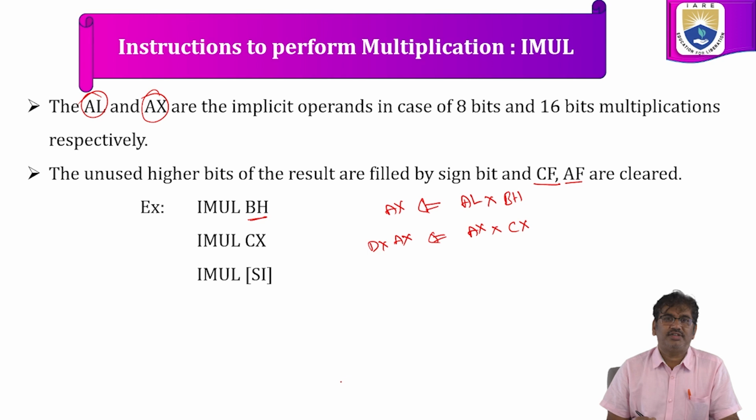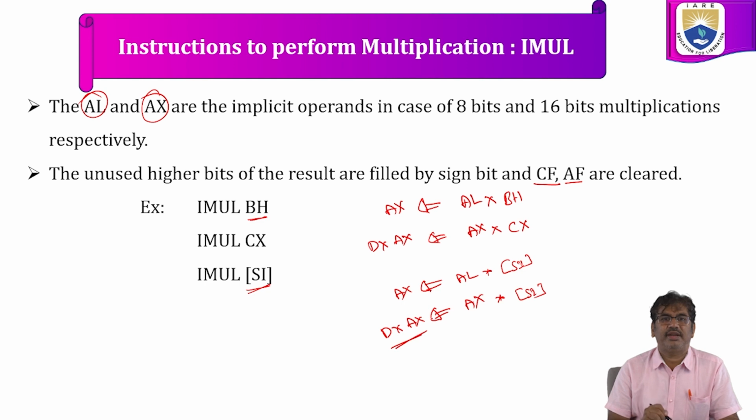Here the pointer is not specified, so it may take 8 bits. So the SI register contents are multiplied with the AL register, and the result we can find in the AX register. If it is mentioned as word, then the SI register contents will be multiplied with AX register contents, and the result we can see in the DX AX register pair.